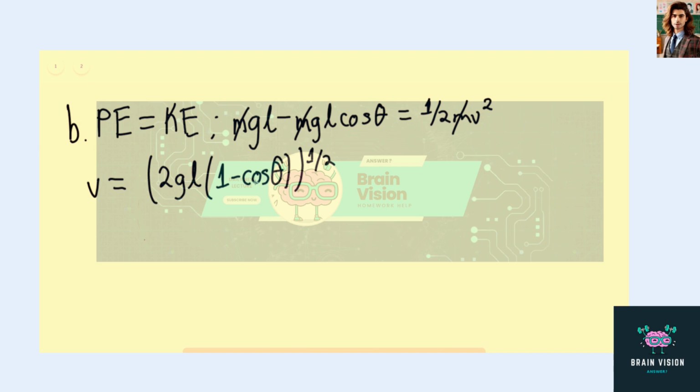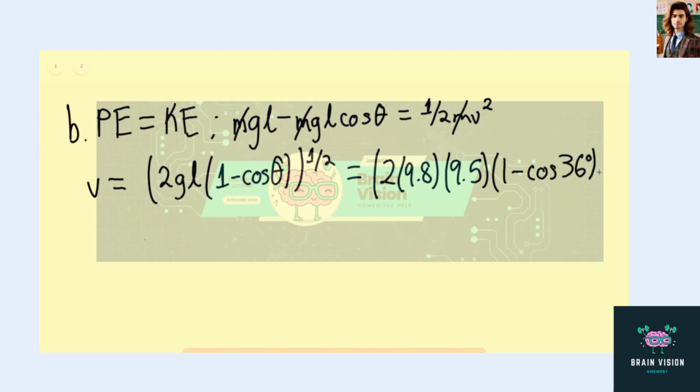And essentially, at this point, we can solve and say that v equals 2 times 9.8 meters per second squared times 9.5 meters, the original length, 1 minus cosine of 36 degrees, all to the 1/2 power. And we find that v is equal to 9.51 meters per second.